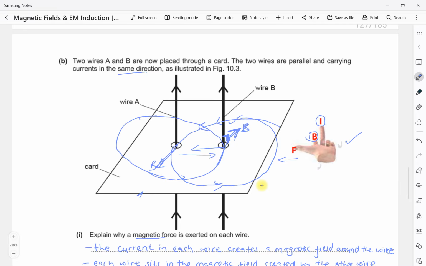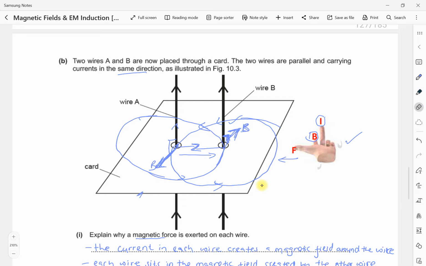This is going to be the magnetic field, a tangent to the circular magnetic field line at the position of wire A. And if you use Fleming's left-hand rule here, with the field pointing in this direction, that is the first finger, and the second finger pointing the direction of the current, that is upwards, the thumb is going to point towards the right hand side.